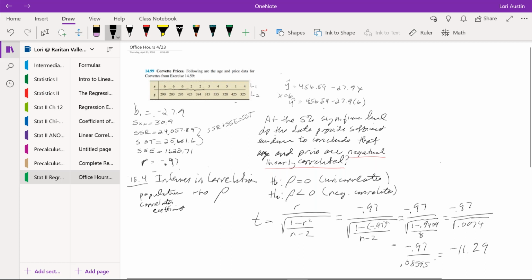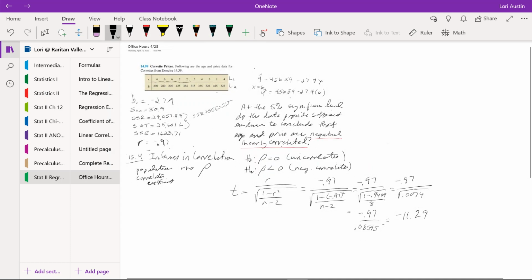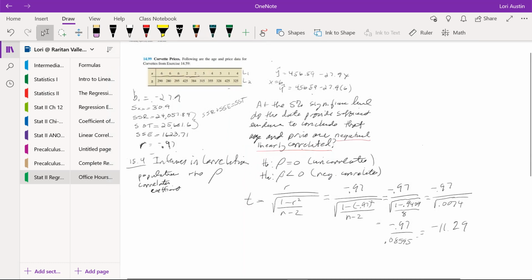I got that. Okay. And the test statistic is going to be very similar to the one with slope because it's the same set of data. This one we can even do with a p-value approach if you wanted to. This one is a left-tailed test. For a p-value approach, you would put the negative 11.29 here and look at your t-table.